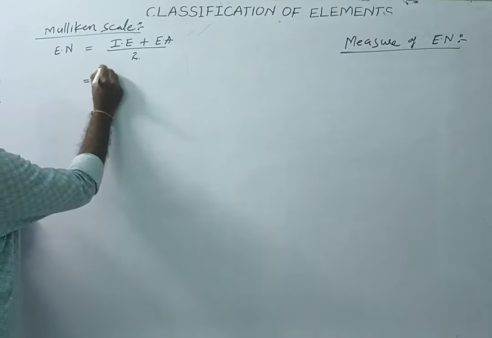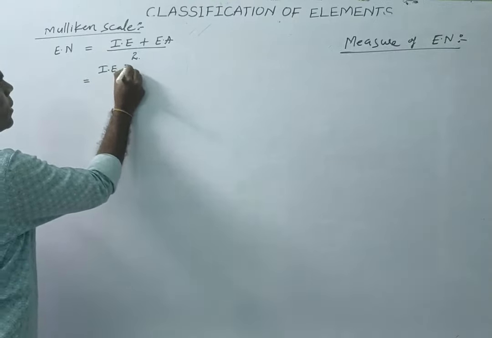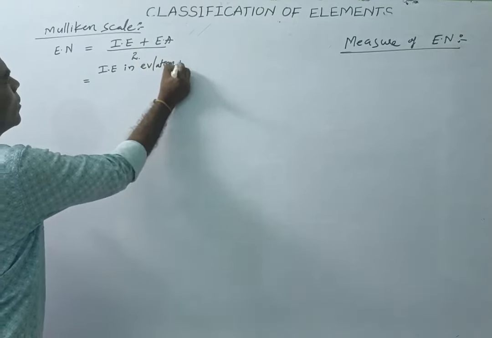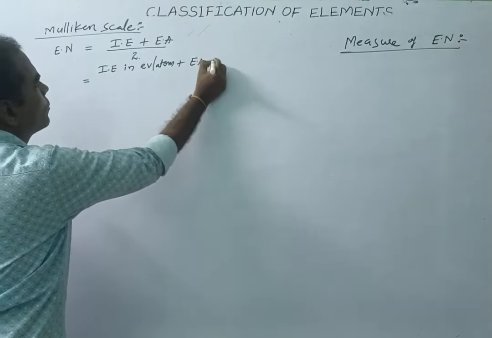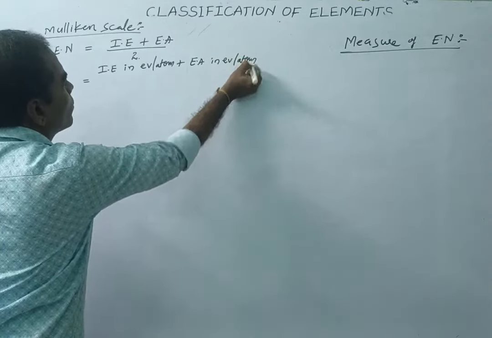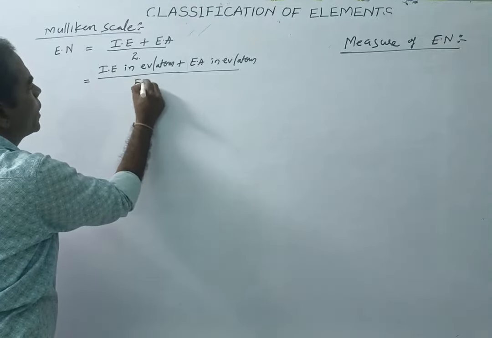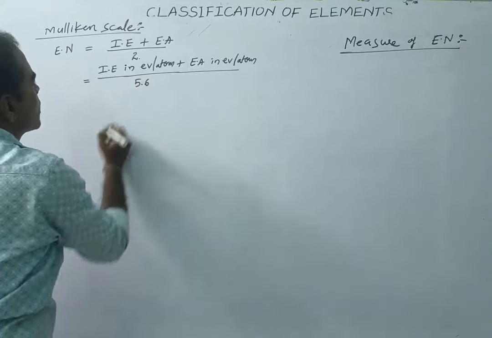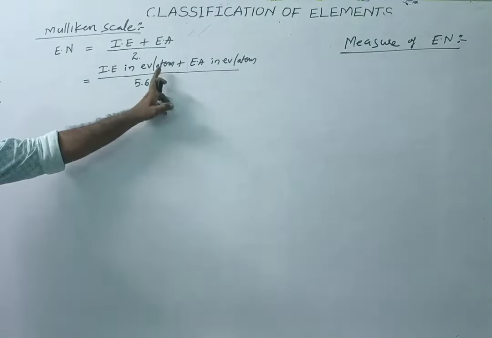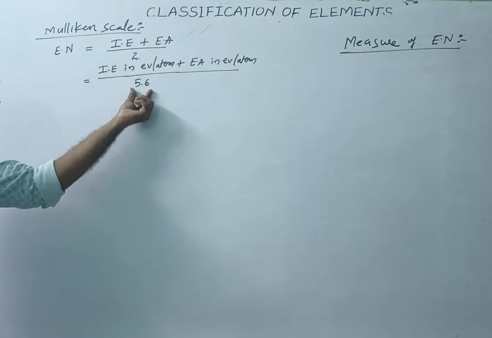Here ionization energy in electron volt per atom plus electron affinity in electron volt per atom, then divided by 5.6, you get the En value.